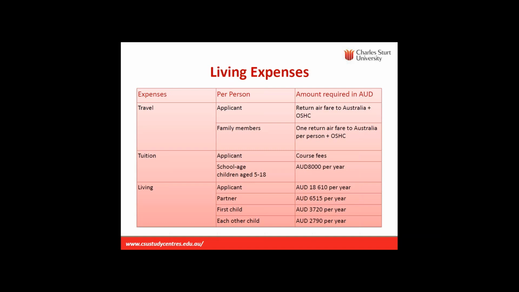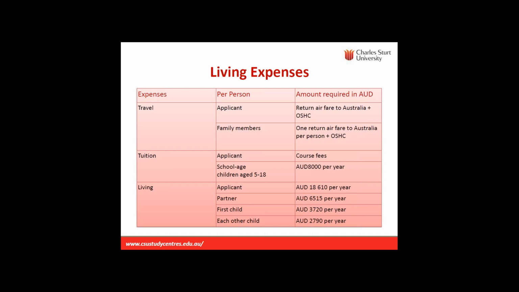In terms of tuition fees, your student would need to make the payments I've shown you before, plus living expenses. For the applicant, it's very important to remember this amount: 18,610. This is the living expenses in Australia per year.